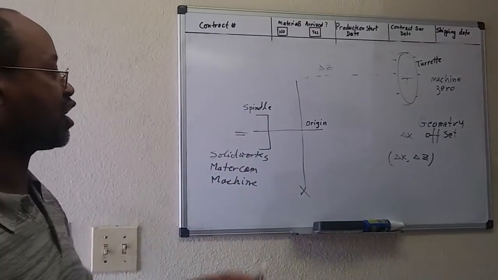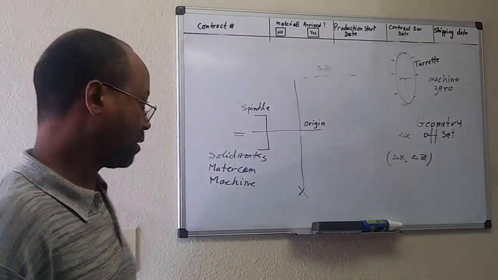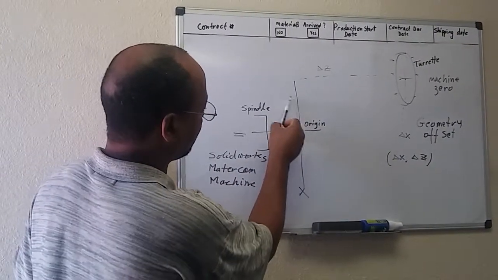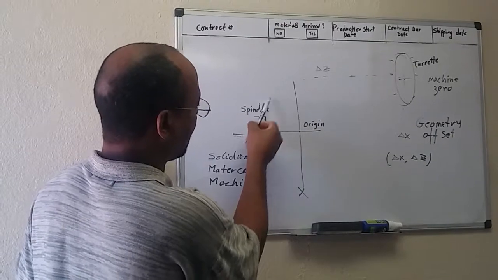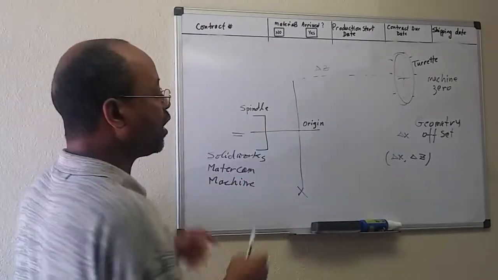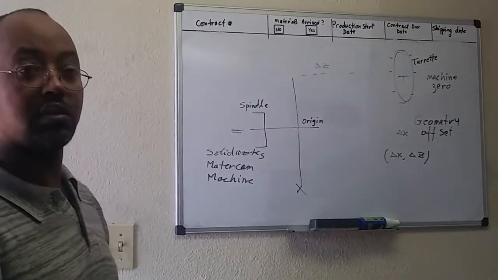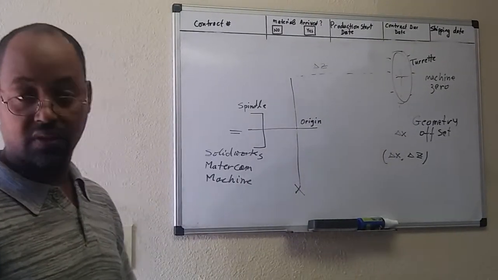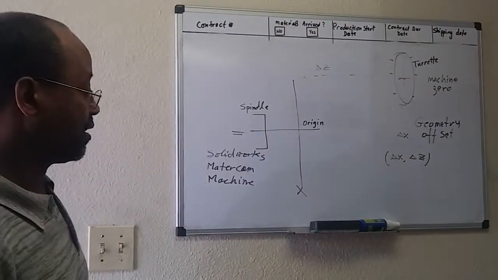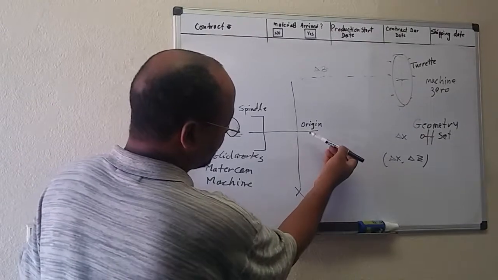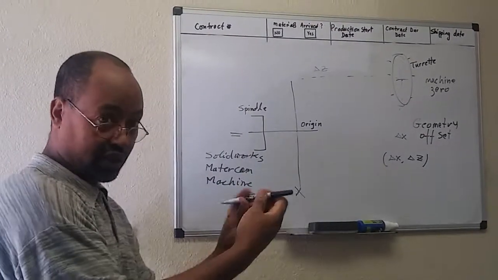How about X values? Because we're going to be going from here and we're only doing turning here, going up and down, maybe, whatever. What do you think of the X values? I think it's positive. Positive. Sometimes, because you might have a tool that's reversed.